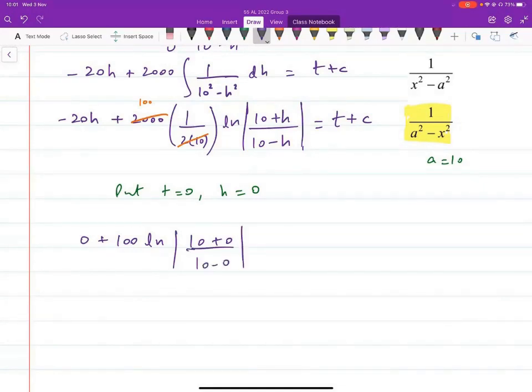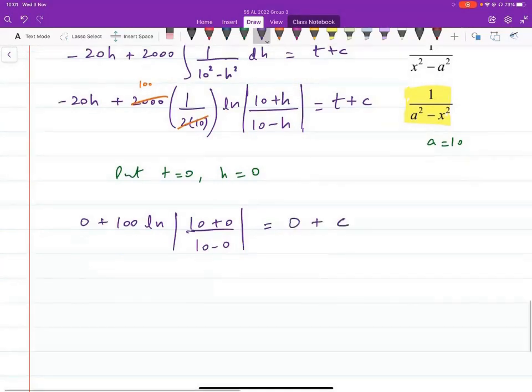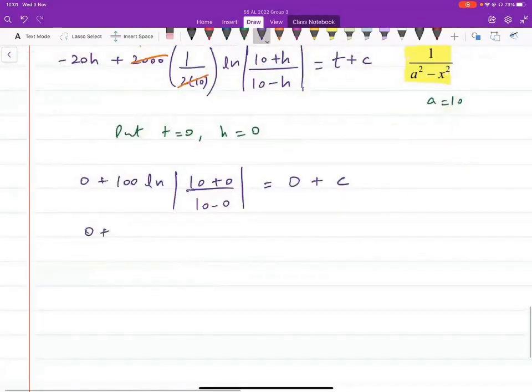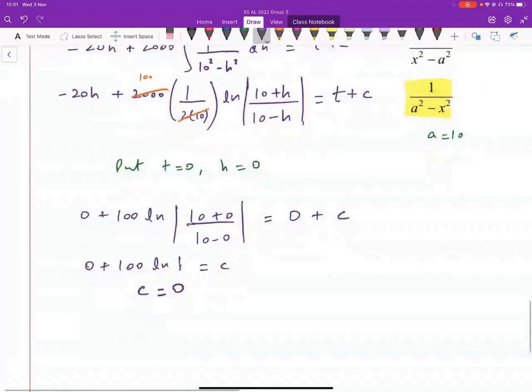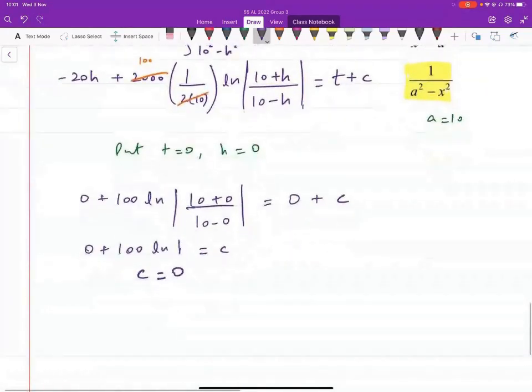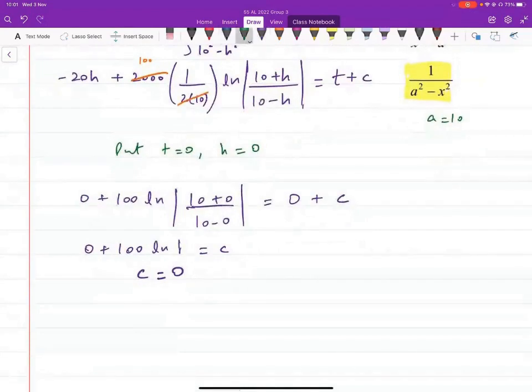ln 1 तो वैसे 0 होता है. On the other side, you've got t, that is also 0, plus c. So everything basically becomes 0. 0 plus 100 into ln of 1 equals c, और c की value हमारे पास यहाँ से क्या आ जाती है? It's 0. So basically, t in terms of h is just going to be that expression we found there. इसको लिख देंगे यहाँ पे.